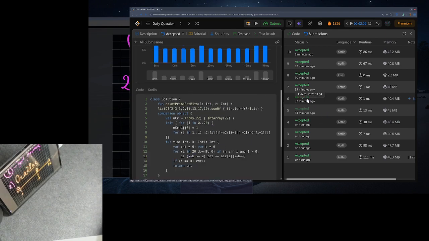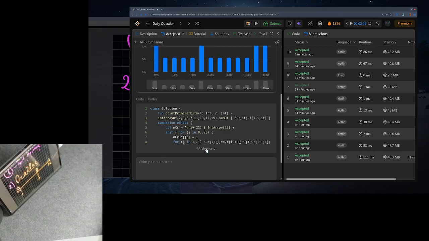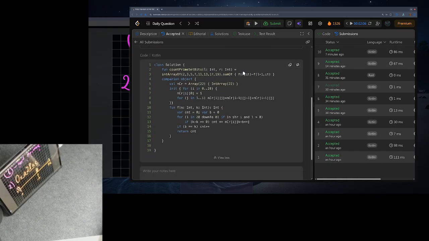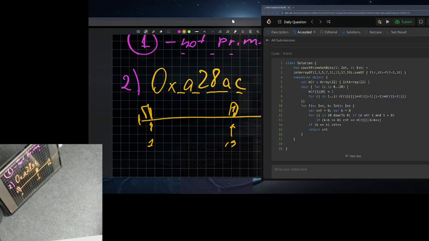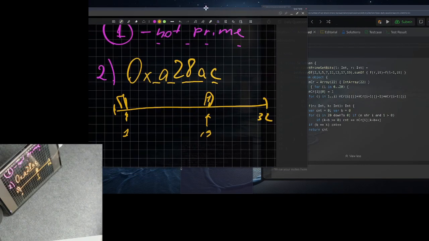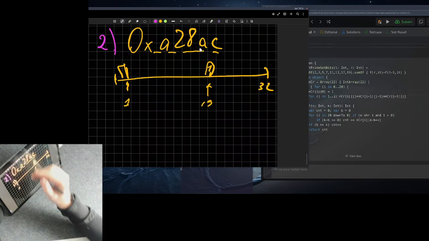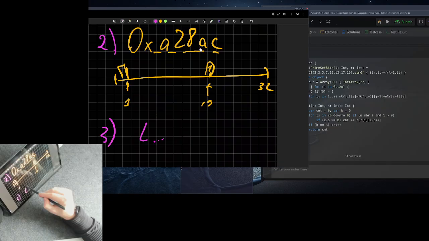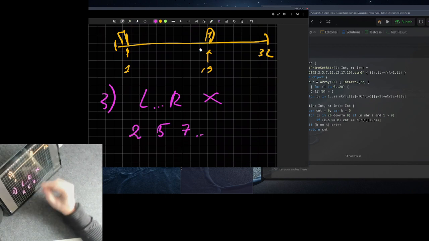And now the optimal solution is this one. So this is combinatorics. Instead of checking the numbers in the range, we will check each prime. So we have primes 2, 5, 7, and so on.